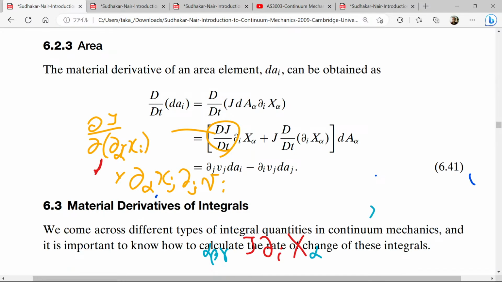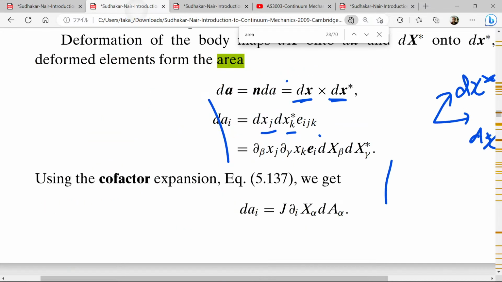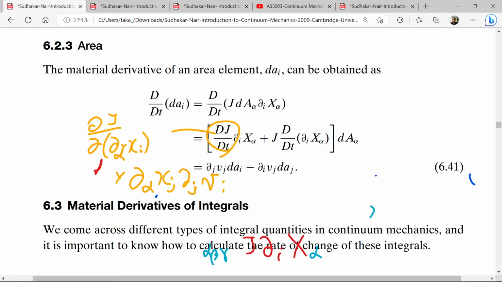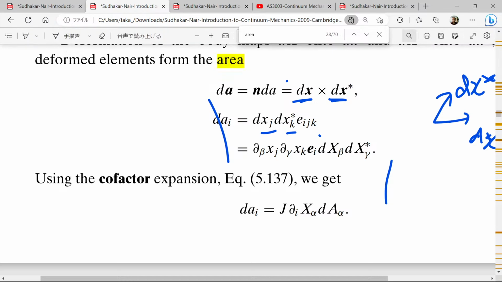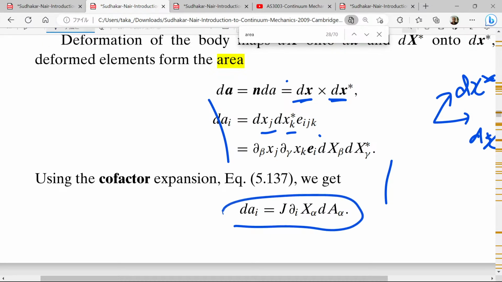Partial I, partial I xi, x alpha, and j is a j. See, you can see it's not d alpha. This is dA. See, this is dA.